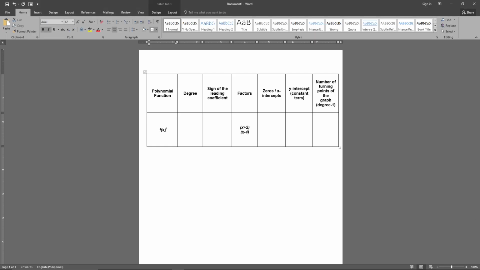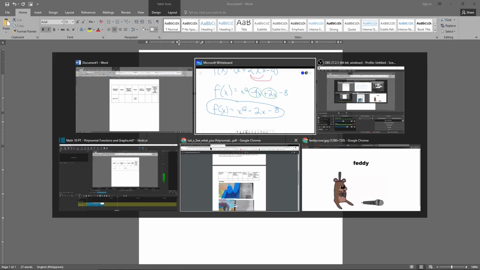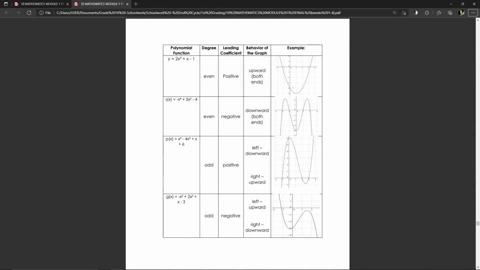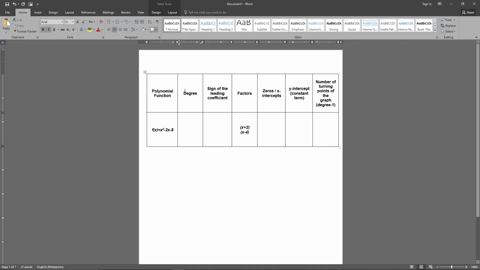So f of x equals x squared minus 2x minus 8. Because we have this now, we're going to solve for everything in the table. As I've said before, with the behaviors of the different polynomials, we're going to know exactly what the degree is.